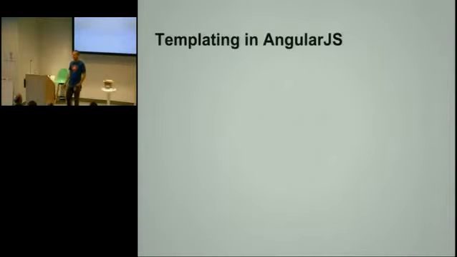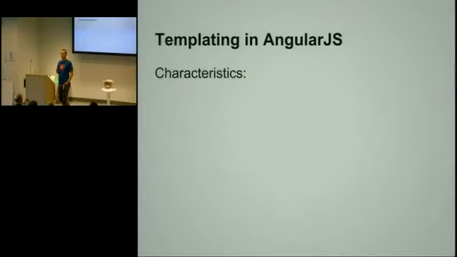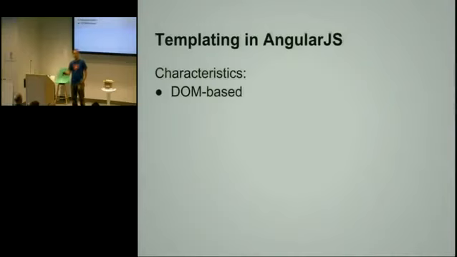So templating in AngularJS is DOM-based. And this is very different from anybody else out there. DOM-based means that we are not working with strings. We're actually letting the browser parse our templates, create the DOM tree, and then we traverse the DOM tree and look for things that tell us, oh, there's a data binding here, and we need to do something about it.